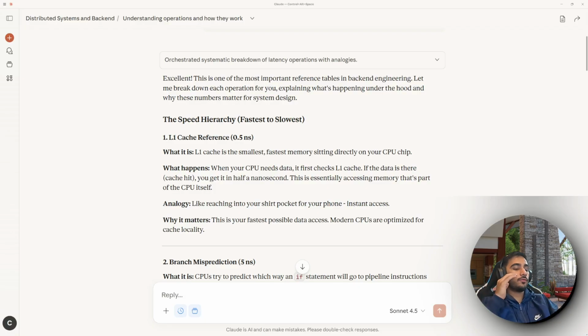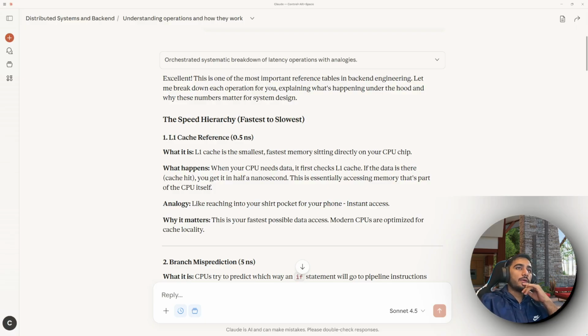What we are trying to do here is a speed hierarchy: the fastest operation comes at the top, and the slowest comes at the bottom. So these are the operations, and the fastest is the topmost thing, and the slowest will come at the end. So let's go through it.